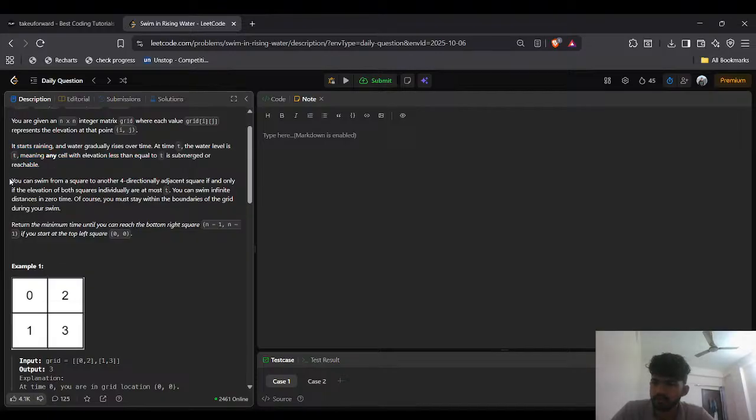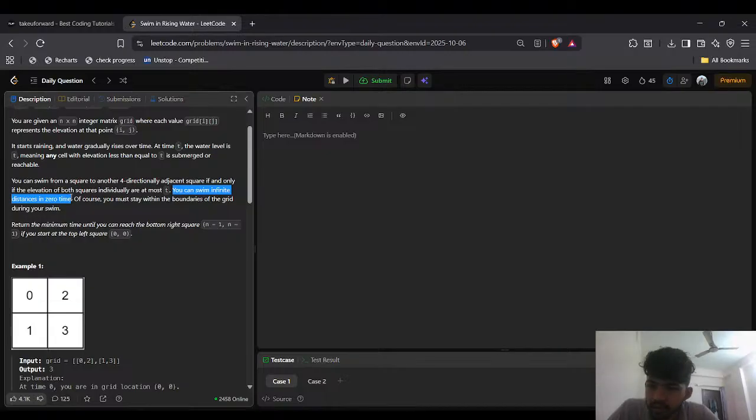You can swim from a square to another 4-direction adjacent square if and only if the elevation of both squares individually is at most t. You can swim infinite distance in 0 time.